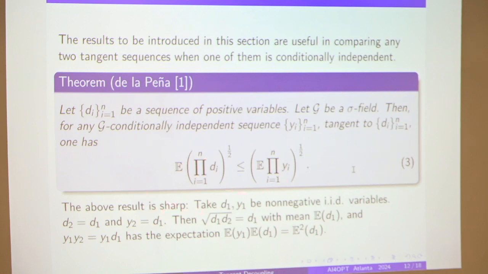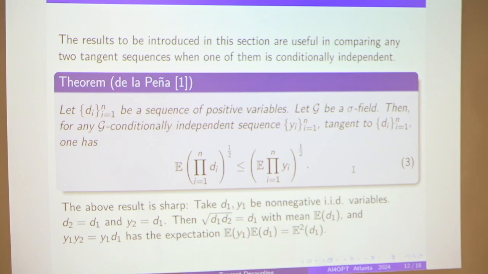So this is a Wald's inequality for products. It applies to stopping times because of what you explained there, right? Yes, using this x tilde indicator t greater than or equal to i is a tangent sequence.